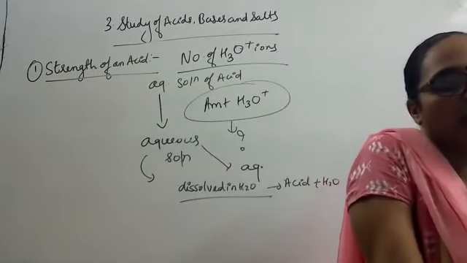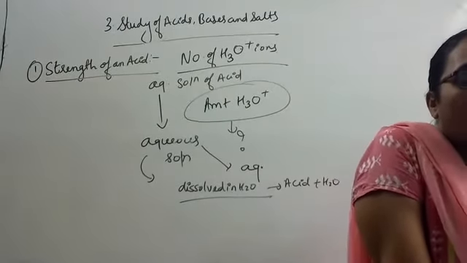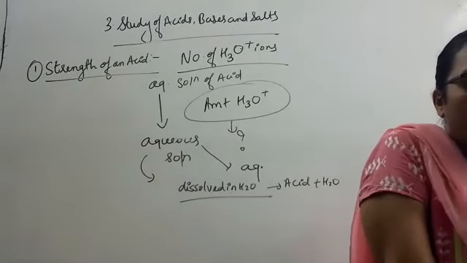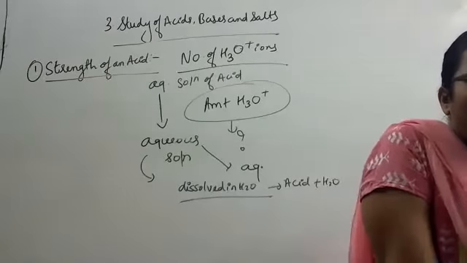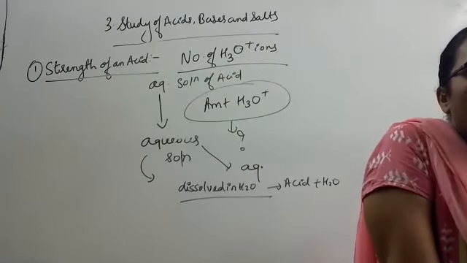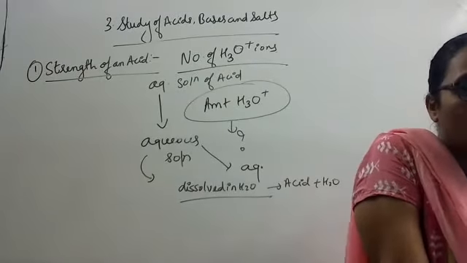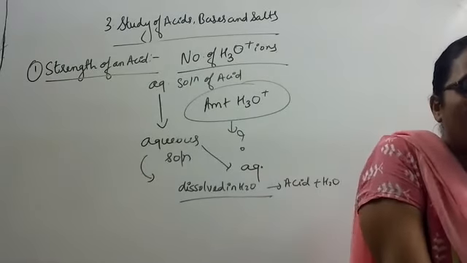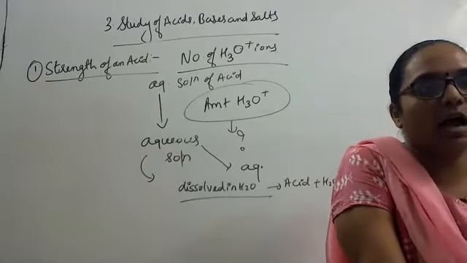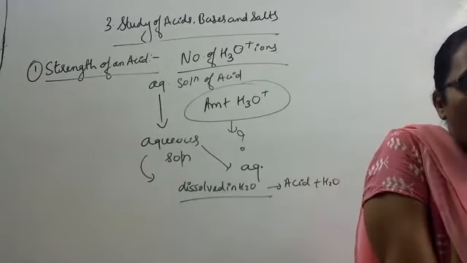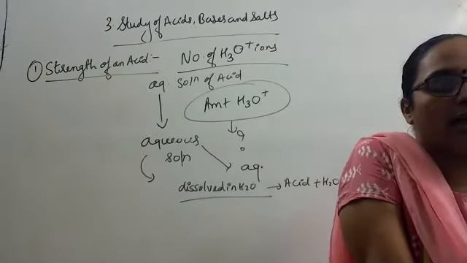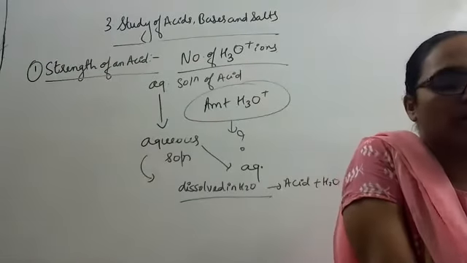When we dissolve an acid in water, that becomes an aqueous solution of the acid. How much hydronium ion is present in this aqueous solution decides the strength of the acid. If the amount of hydronium ions is more, the acid is called a stronger acid, and if the amount of hydronium ion is less, then that acid is called a weak acid.